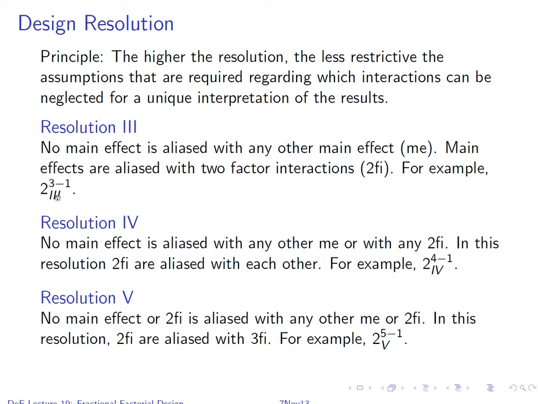Now, there's one other thing that you'll notice, and in that as you move from resolution 3 to resolution 4 to resolution 5, in order to gather better resolution information on the main effects or two-factor interactions, you need more experimental runs. So I can achieve a resolution 3 design with a 2 to the 3 design, and resolution 4 with 4, and resolution 5 with 5 factors.